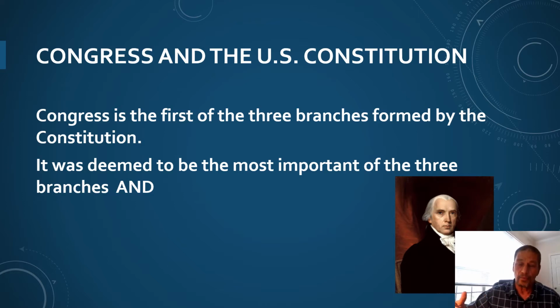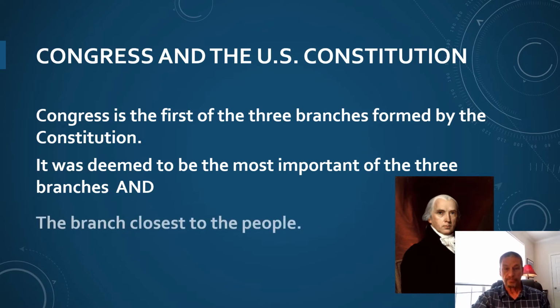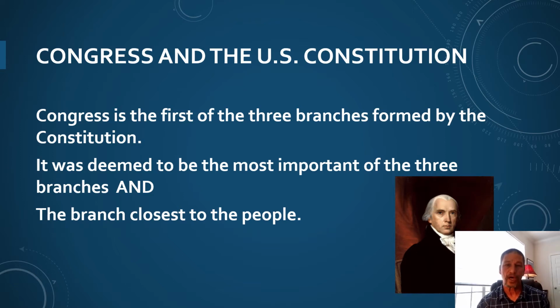So the way James Madison envisions these three branches of government, the first and most dominant, the most powerful, would be the lawmaking branch. It's listed first.